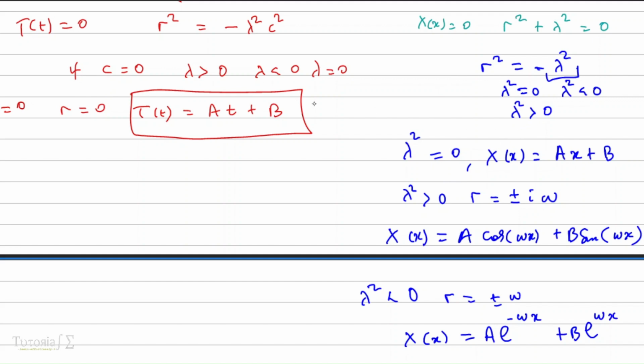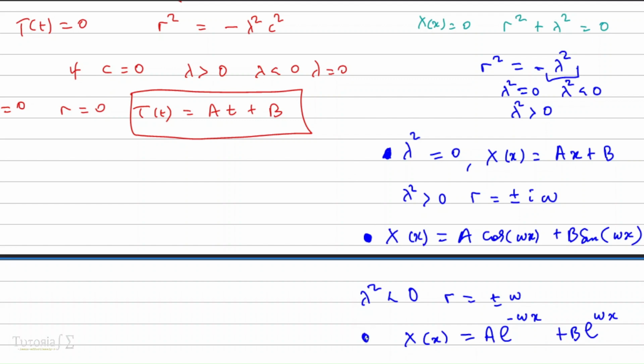Now, the value of T for different conditions. So I'll mark these, hope you mark them: 1, 2, and 3.